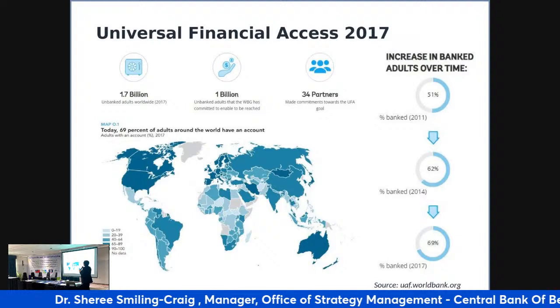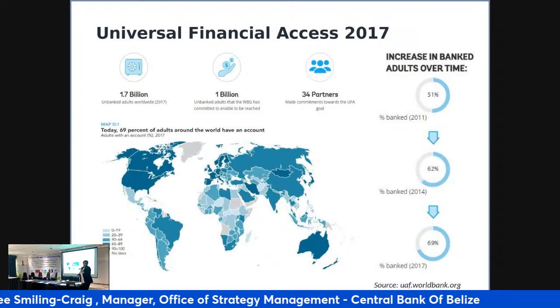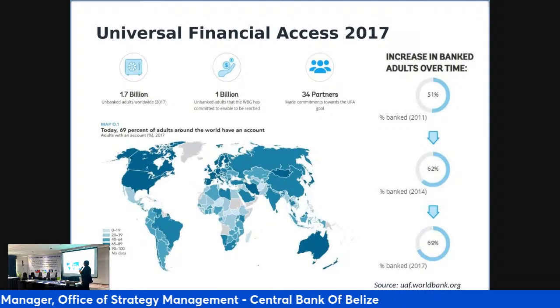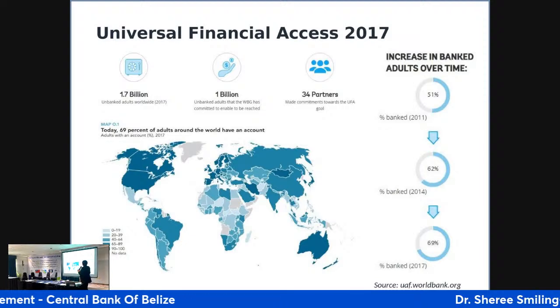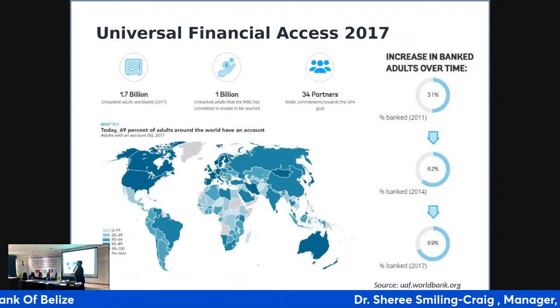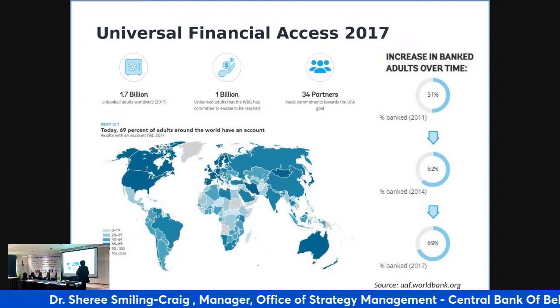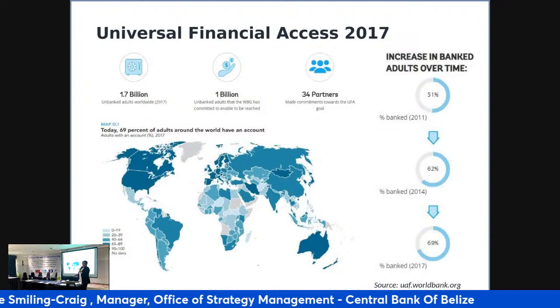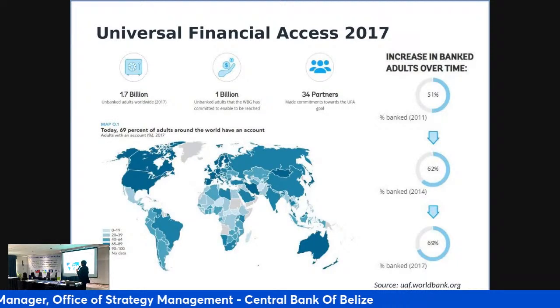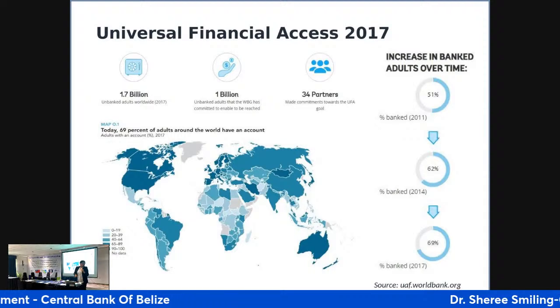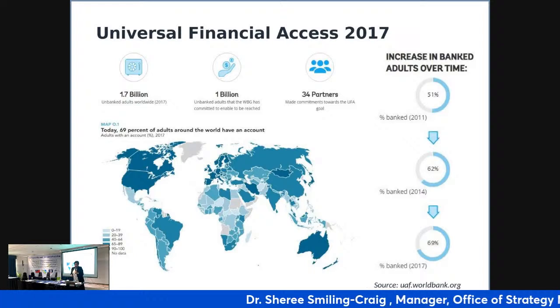And there are 34 partners who have committed to financial inclusion. And you could see that there has been progress. In 2011, when the initiative first started, there were 51% of the world banked. 2014, 62%, banked, I should say, and 69% in 2017. So we're hoping that figure goes up for 2021.